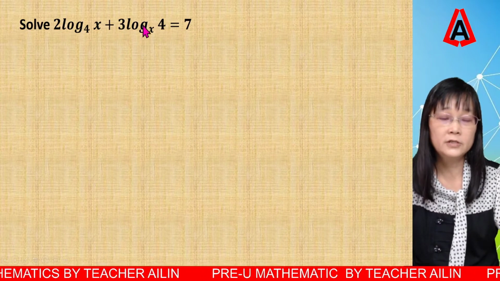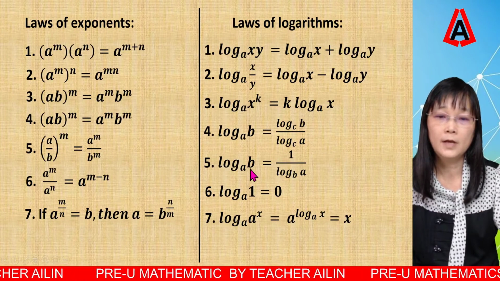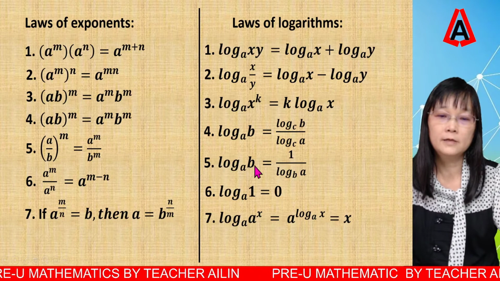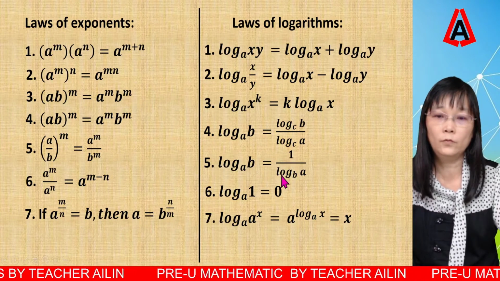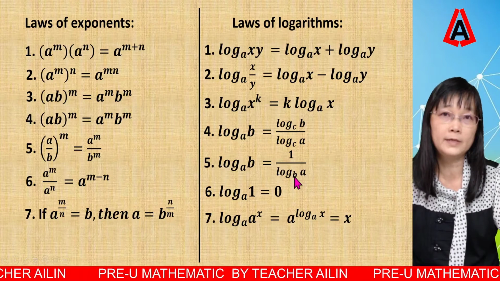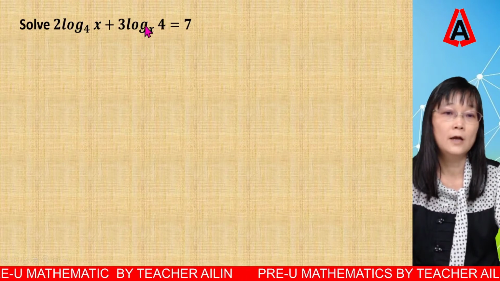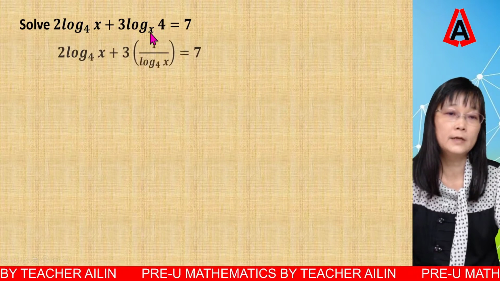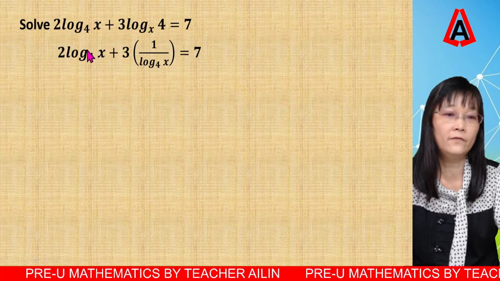To change the base of the logarithmic term, I can use this formula. That is, logarithm of b with base a can be changed to 1 over logarithm of a with base b. So now this logarithm 4 with base x becomes 1 over logarithm x with base 4.